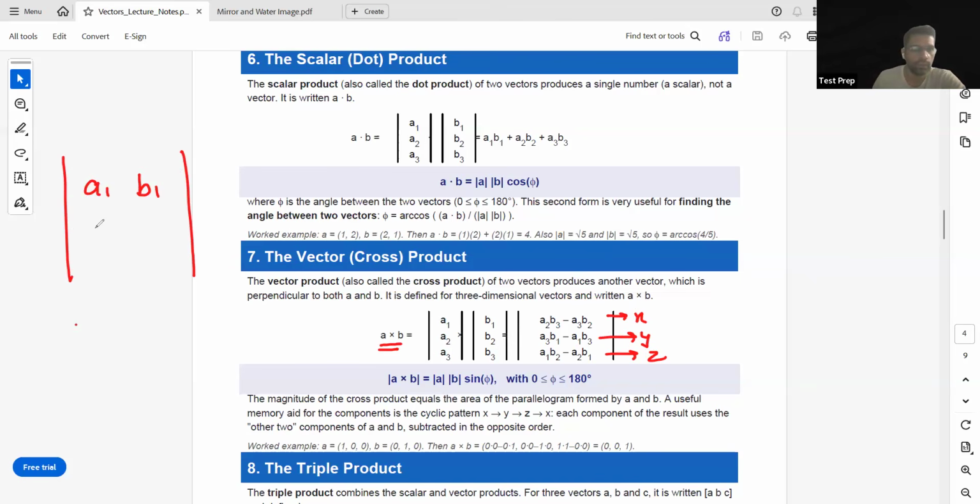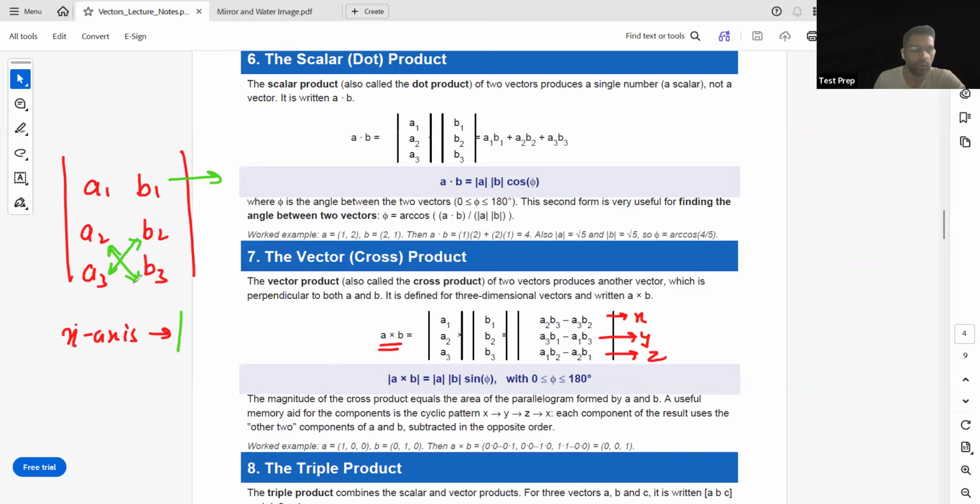A1, B1, A2, B2, A3, B3. Now the value of x-axis. X-axis means this one. A1 and B1 are on the x-axis. So we have to find the value of x-axis, this one. So we have to cross multiply these two.